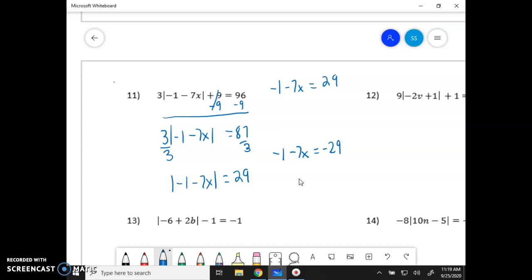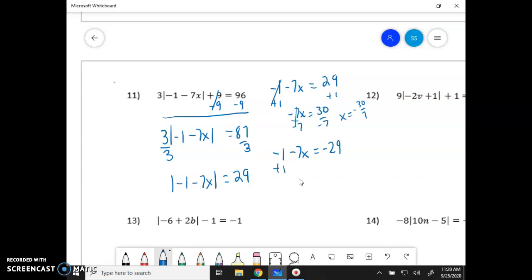Okay, so the first thing I want to do here is add 1, and I'm going to get negative 7x is equal to 30. Divide this by negative 7, divide this by negative 7, and kind of an ugly answer here. We're going to get x is equal to negative 30 over 7. That's reduced down. We can leave it as an improper fraction, that's fine.